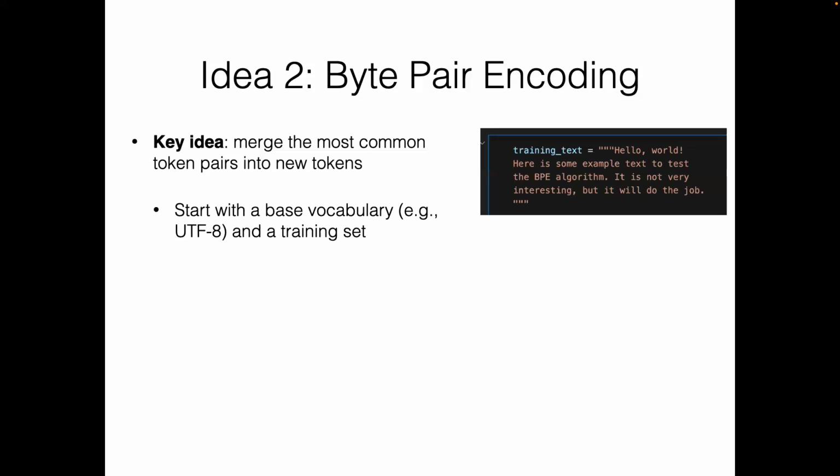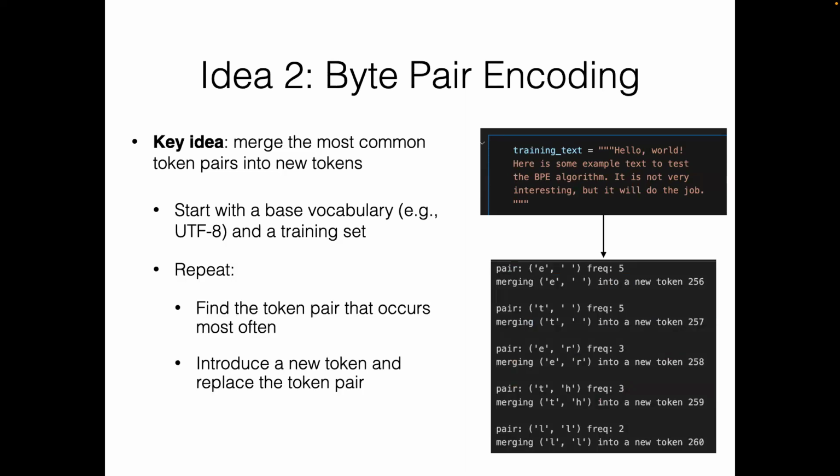Let's say we're using just English letters as I talk through this example. Here you would have H is next to E, E is next to L, L is next to L, L is next to O, and so on. You count up the different occurrences of these pairs, and then you select the pair that is occurring most often and introduce a new token to represent that pair of tokens.